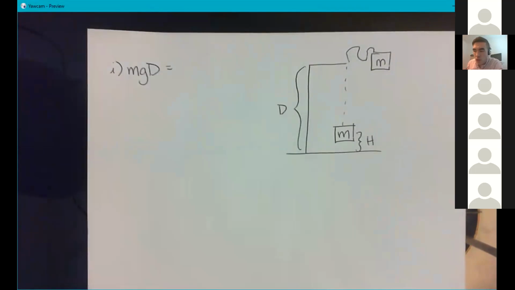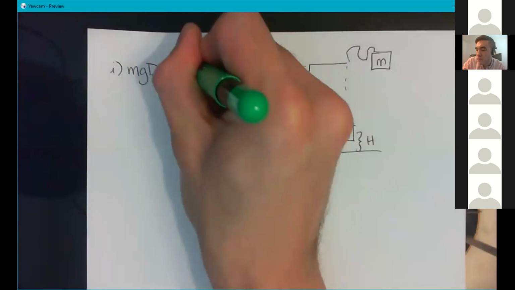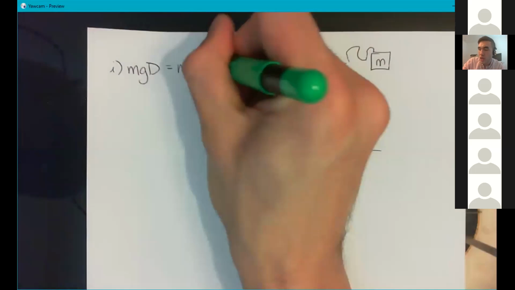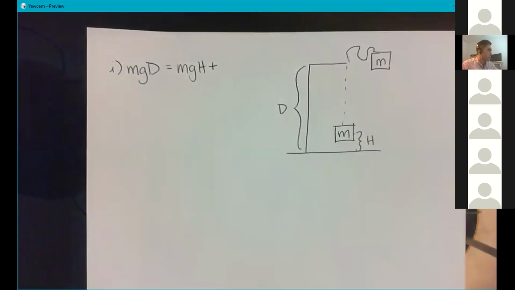And then when we fall, are we going to get to a point where we have 0 gravitational potential energy? No, you never get to 0 because you never get to the ground. If you have 0 gravitational potential energy when you're bungee jumping, you have died because you have impacted the ground. And so this is going to be equal to mgh, the amount of gravitational potential energy we have when we're at the bottom, plus what? The spring potential energy.